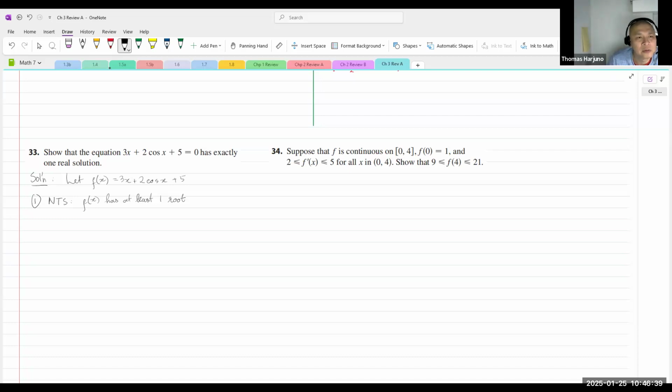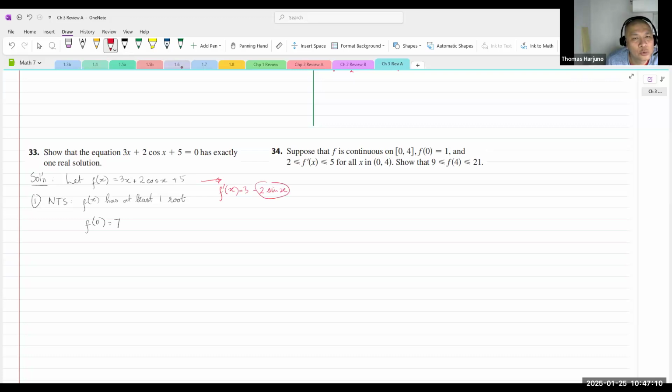Let's see what f0 is. When x equals 0, cosine is 1, so this becomes 7. f0 is 7, right? The first derivative is 3 minus 2 sine x.